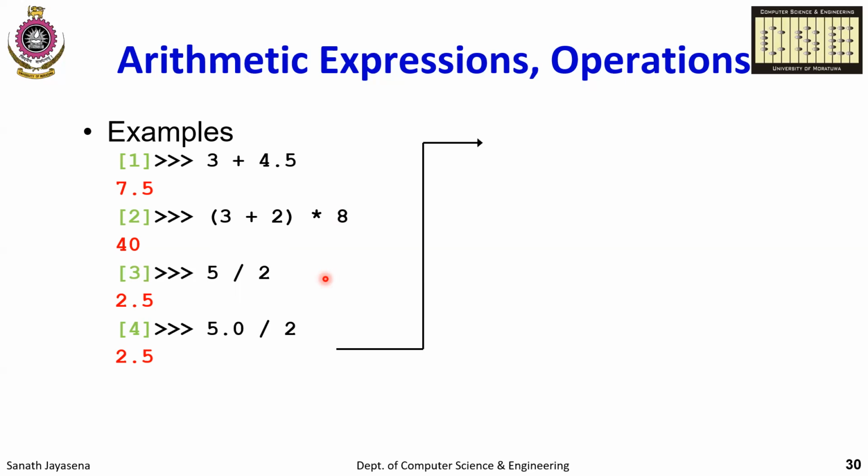All right, let's continue the sequence of expressions. Here's a new expression, 5//2, and let's see what happens. The result is 2. One slash operator indicates the normal division.